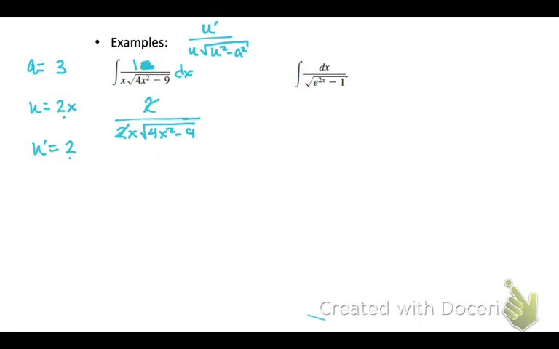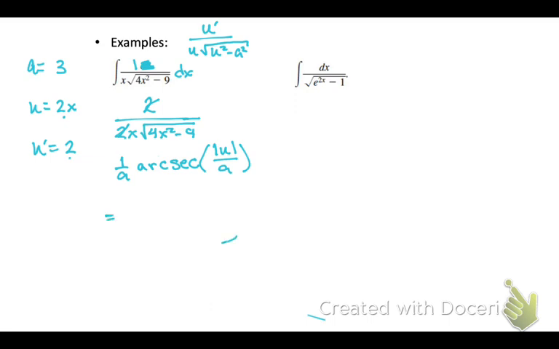Okay, so then my rule is 1 over a arcsecant of absolute value of U over A, right? Did I say that right? Yep.